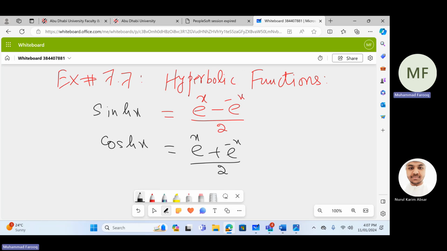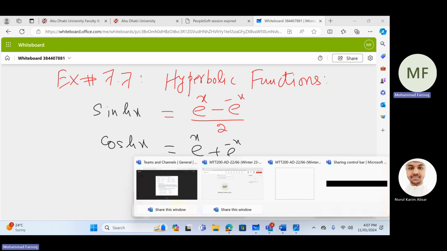Just switch the signs. The formulas for the derivative and integration of hyperbolic functions are very similar to trigonometric function rules, but their signs are different. But anyway, don't worry. We provide you the formula sheets for that.